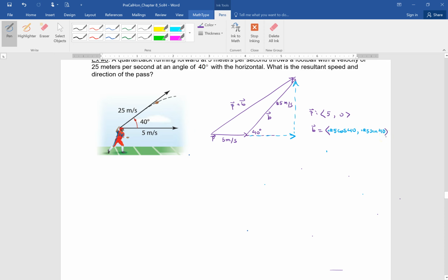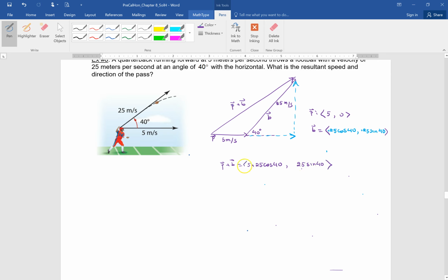Now, what I need is the resultant, meaning I need P plus B. For this, you're just going to add components, just straight components. So it's 5 plus 25 cosine 40, comma 25 sine 40.